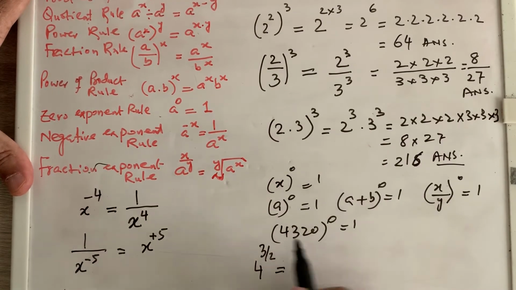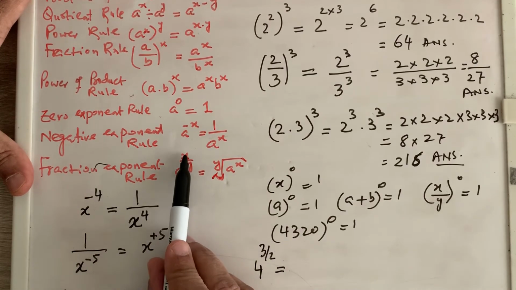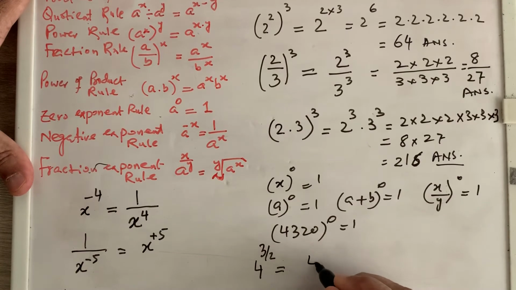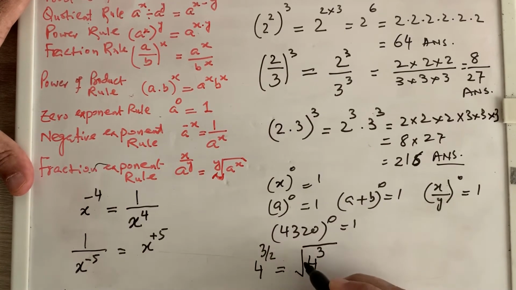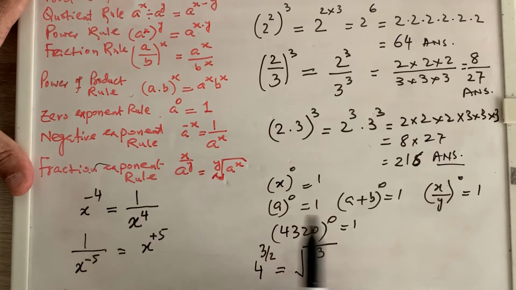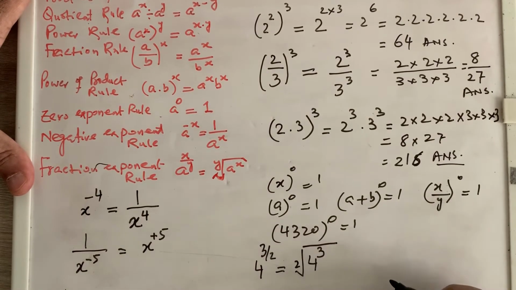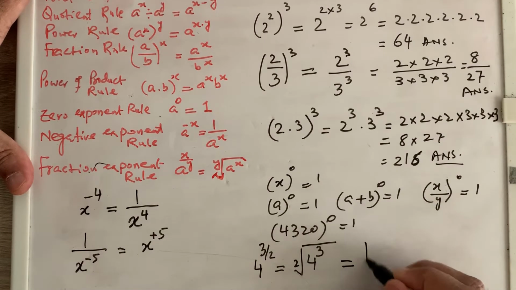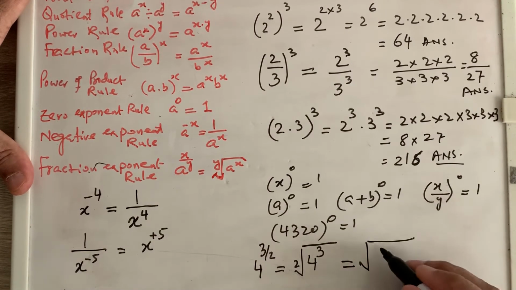What is it saying? It's saying that the top number is the power of the number or variable. So my 4 has a power of 3, but I also have the square root, and this 2 goes here, which is the half root, the square root, the radical sign.